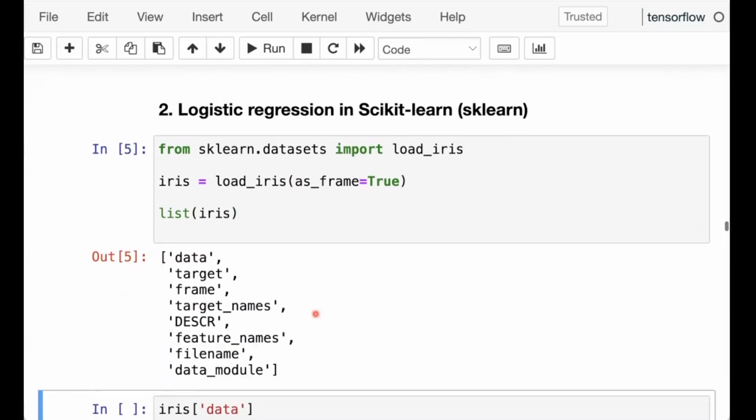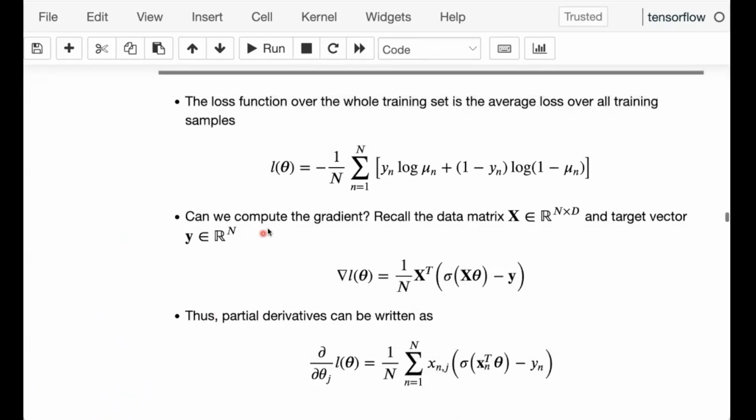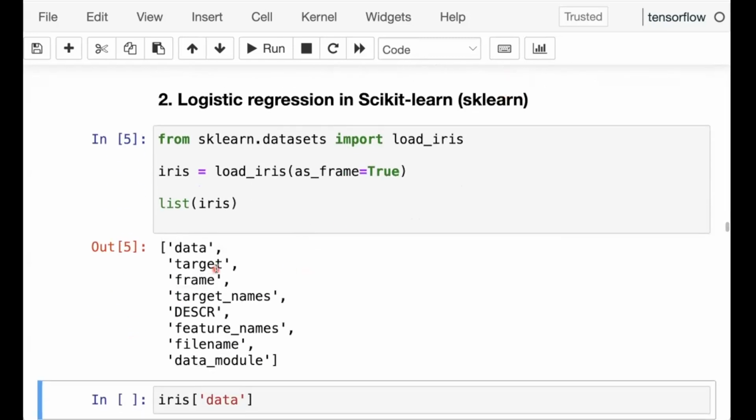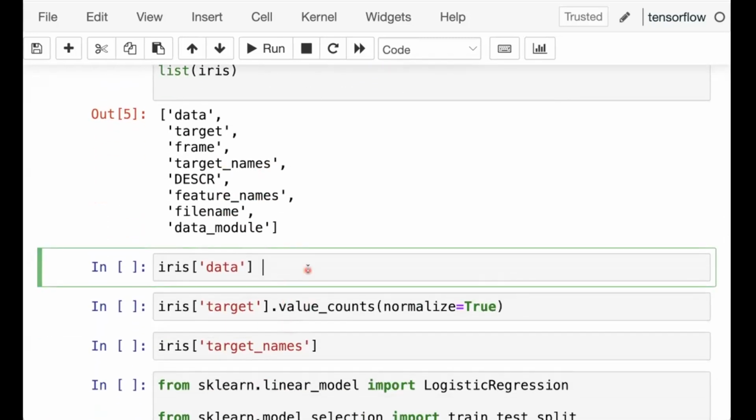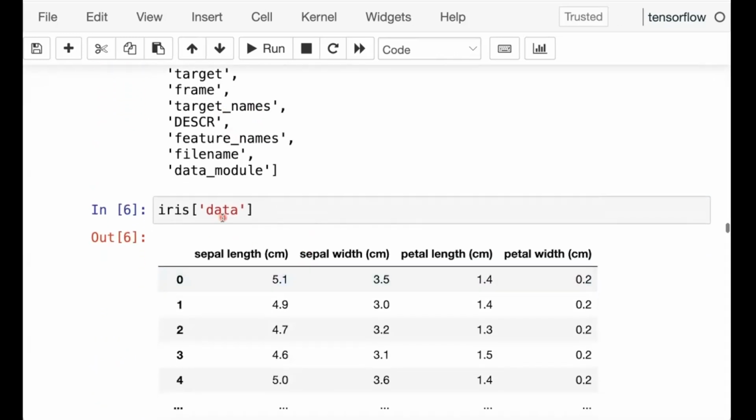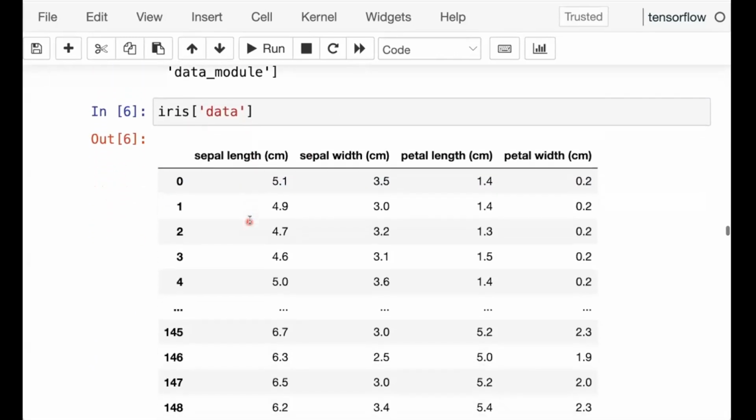And if you look at it, very similar to some other datasets that we used before, this iris here is an object which contains a couple of things, like the data matrix X, the target vector, the target names, some feature names, etc. So if I look at this iris data, you can see that these are the input features that we have in the columns.